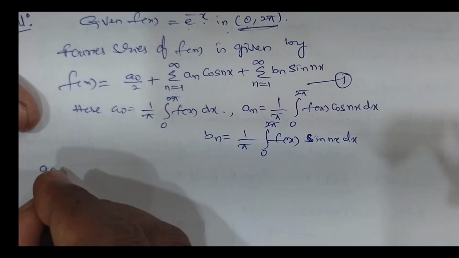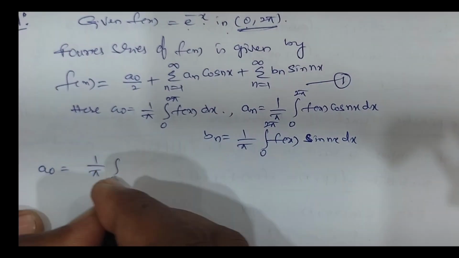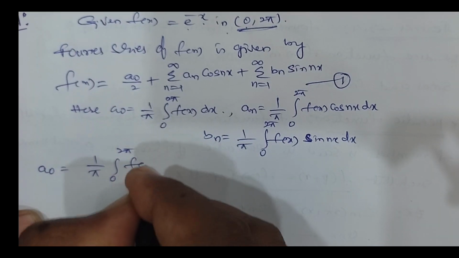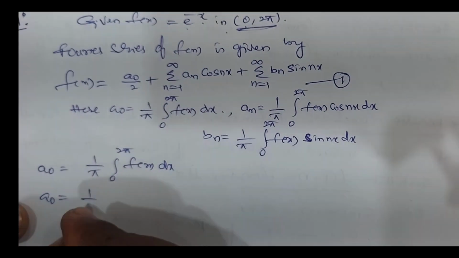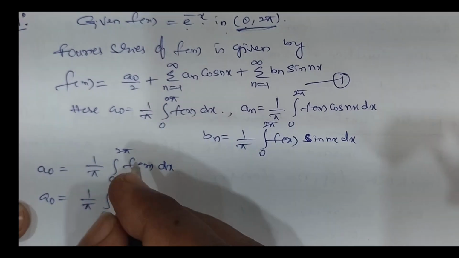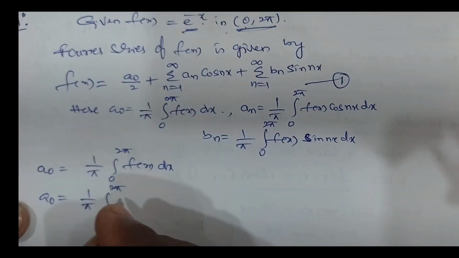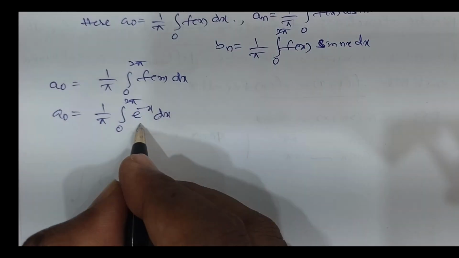The a naught formula is 1 by pi into integration 0 to 2 pi f of x dx. So a naught is equal to 1 by pi into integration 0 to 2 pi e power minus x dx, since f of x is equal to e power minus x.